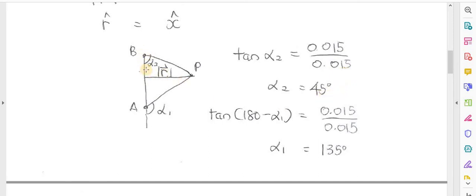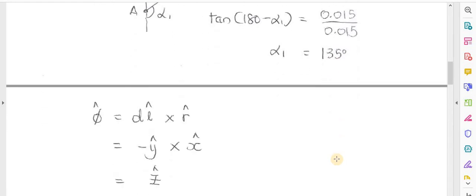The total length is 0.03, so half of it is 0.015. For alpha 1, we use the opposite and adjacent. Opposite will be this one also, adjacent will be this one, and alpha 1 will be 135 degrees. So this is your alpha 1 and alpha 2.